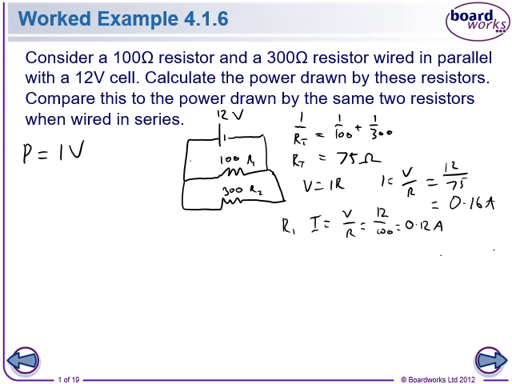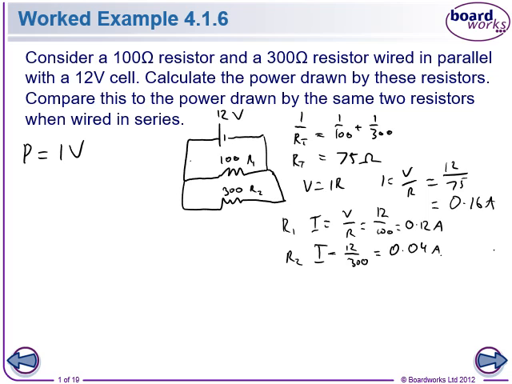And just looking at our total current, we would expect this one to be 0.04 amps, right? Because both of those added up will give us our total current. So let's see. R2, our current is going to be equal to 12 over 300. And look at that, 0.04 amps.